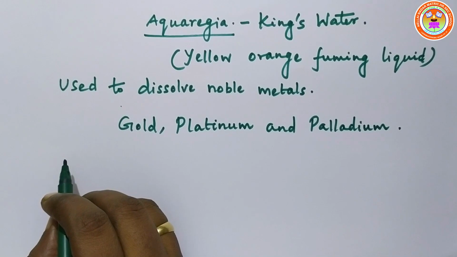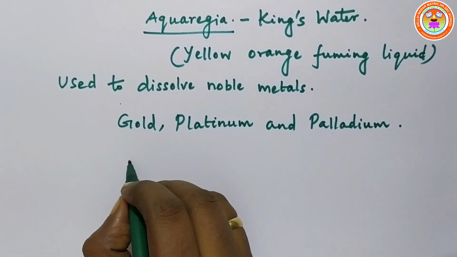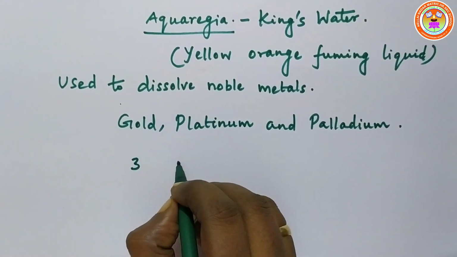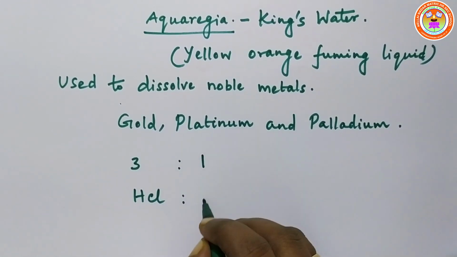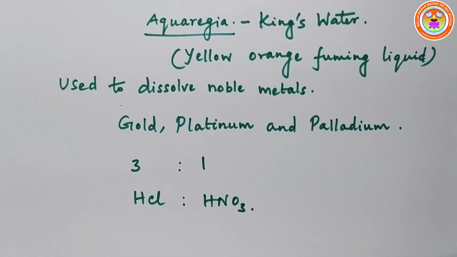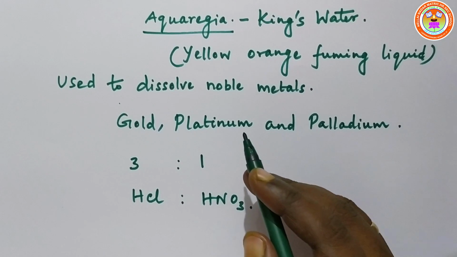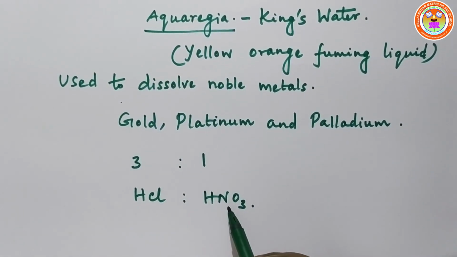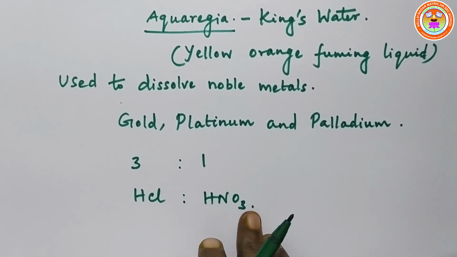What is aqua regia? It is a mixture of 3 volumes of hydrochloric acid and 1 volume of nitric acid. These elements, gold, platinum, palladium, when they separately react with hydrochloric acid and nitric acid, they don't get dissolved in hydrochloric acid or nitric acid.